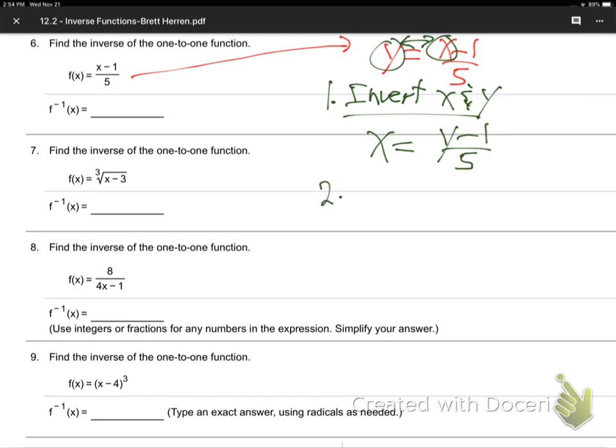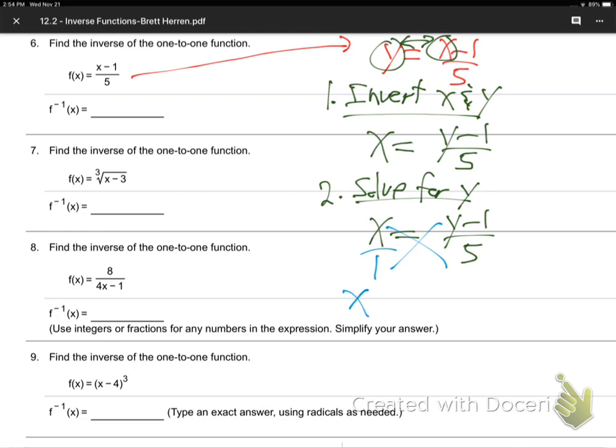Invert x and y. Step 2, solve for y. How do I solve that equation for y? Well, when you have a fraction on each side, just put this over 1, so it's a fraction on each side, and then diagonal cross multiply.